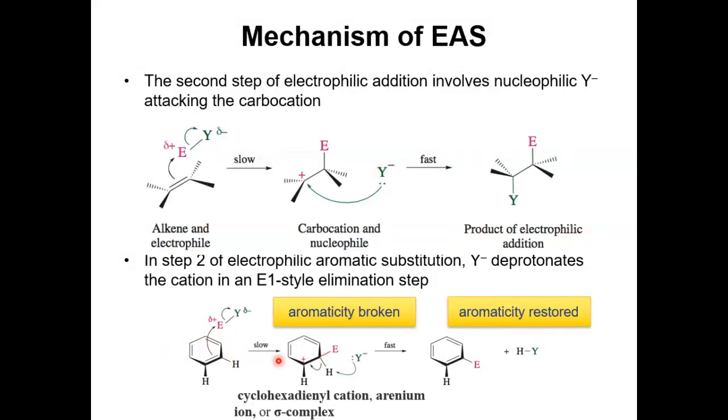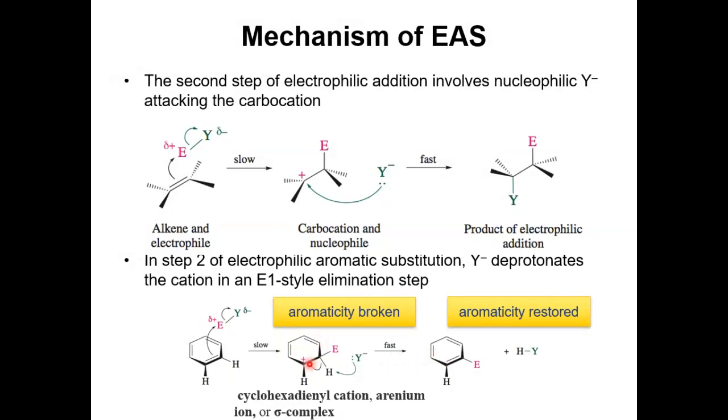Here you have 6 pi electrons in a single ring, satisfying Hückel's rule. Here you only have 4 pi electrons because the other two become a sigma bond, so it is no longer aromatic. This breaks aromaticity, which also enhances its highly endothermic nature.